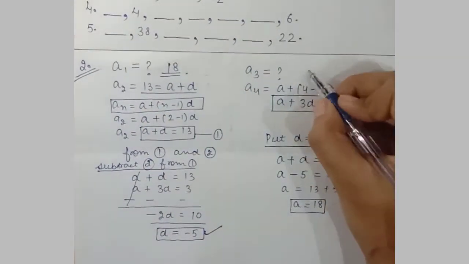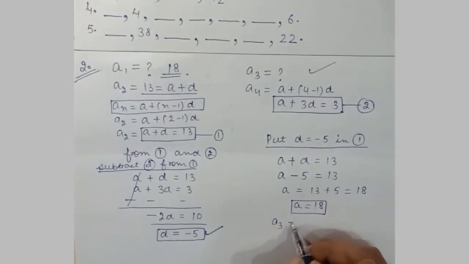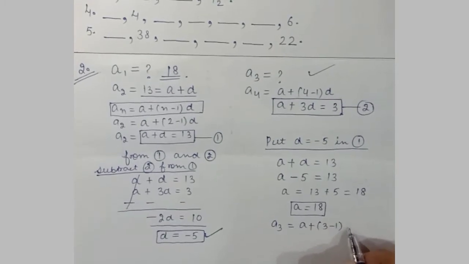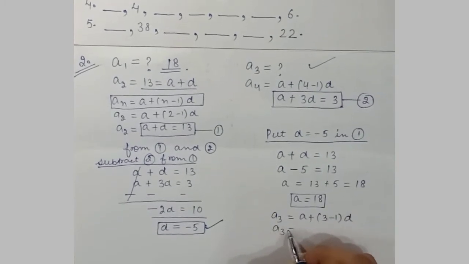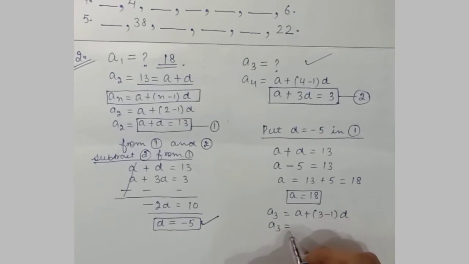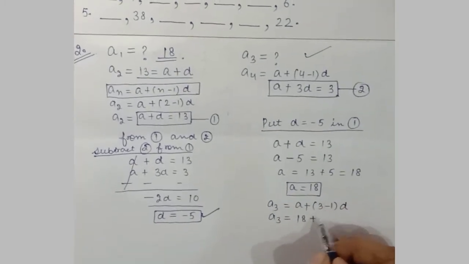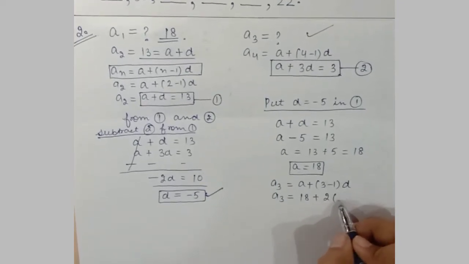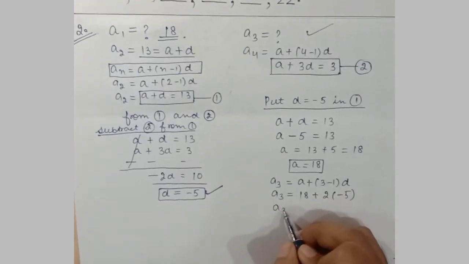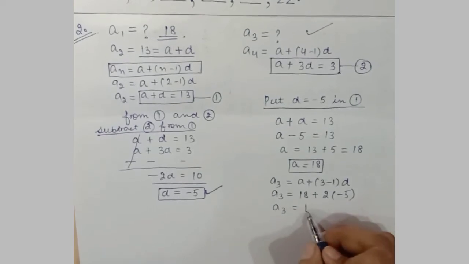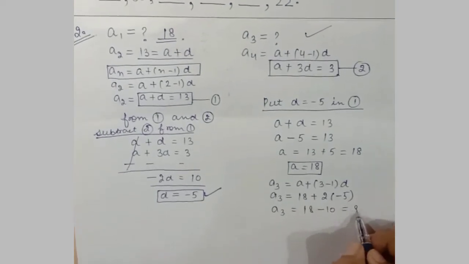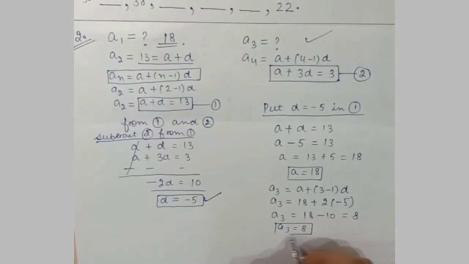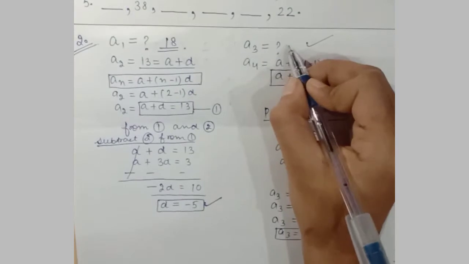Now for the third term a3, we use the formula a plus 3 minus 1 d. a3 is a, 18, plus 3 minus 1 is 2, and d is minus 5. So our third term is 8. a3 is 8.